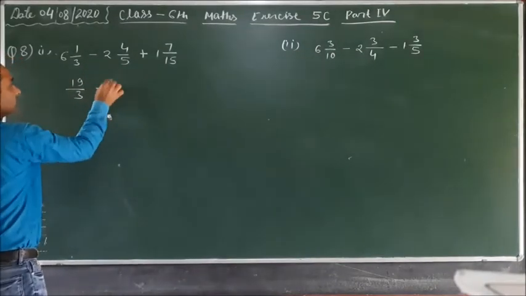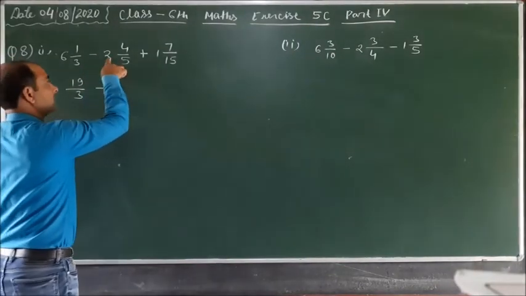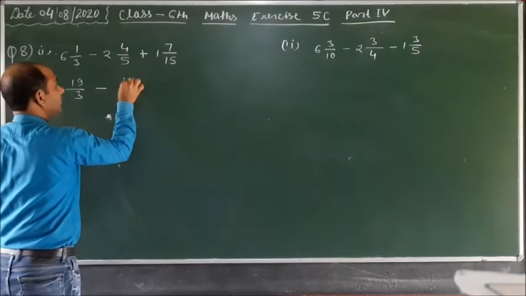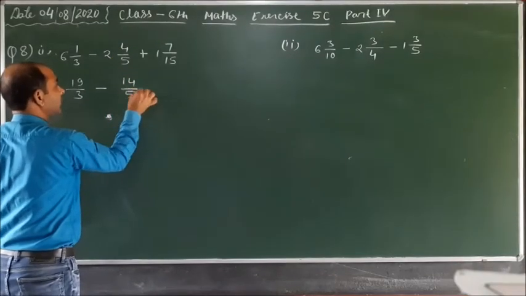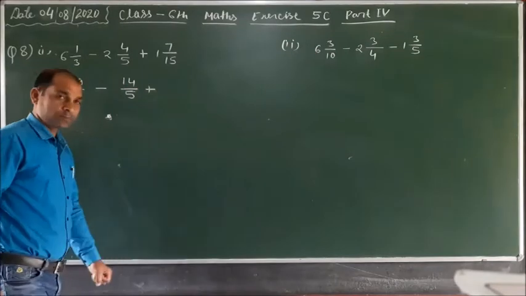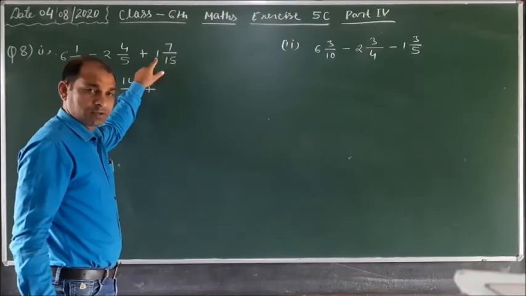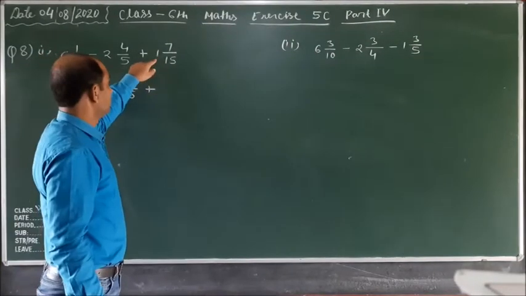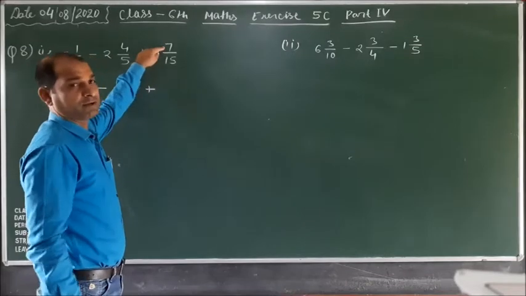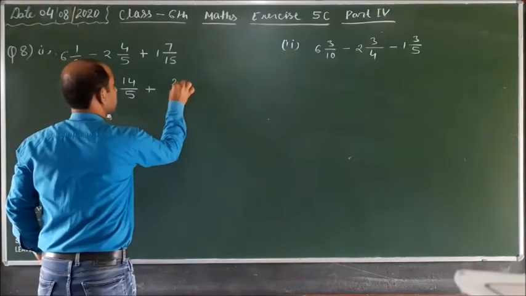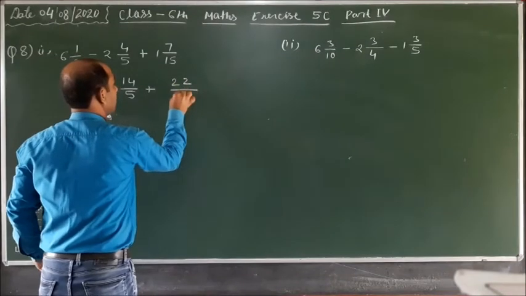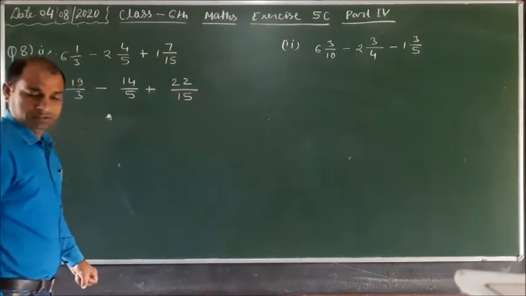Now minus, 5 2s are 10, 10 plus 4 equals 14 upon 5, plus 15 ones are 15, then 15 plus 7 equals 22 upon 15.